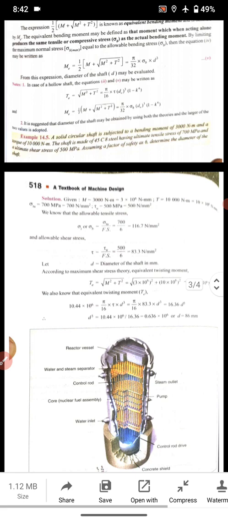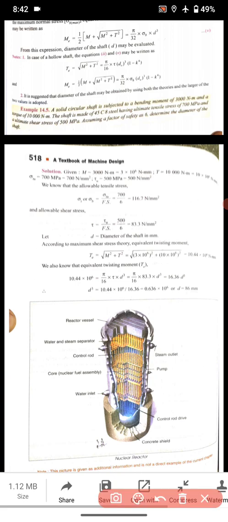Let d be the diameter of the shaft. Then according to maximum shear stress theory, that is Guest's theory, the equivalent twisting moment is TE equal to the square root of M square plus T square, that is the square root of (3 into 10 power 6) square plus (10 into 10 power 6) square, which is 10.44 into 10 power 6 Newton millimeter.